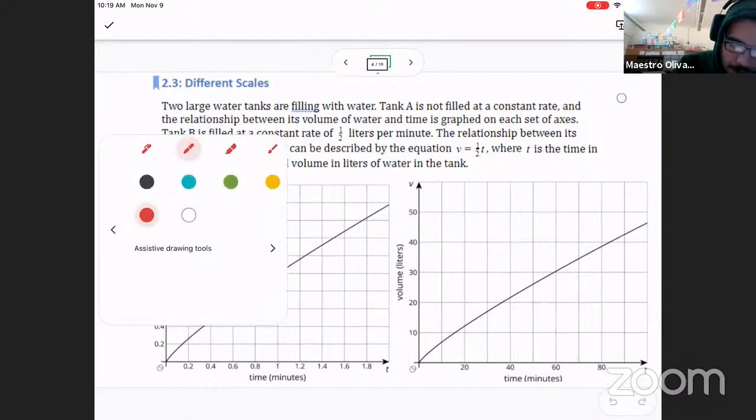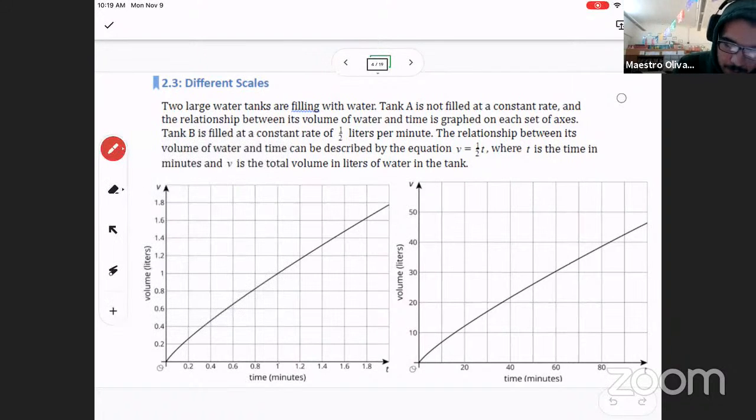So tank A is not being filled at a constant rate. So this means 1 minute they're filling 3 liters of water. Another minute they could be filling in 10 liters of water. It's not constant, it's different every second.